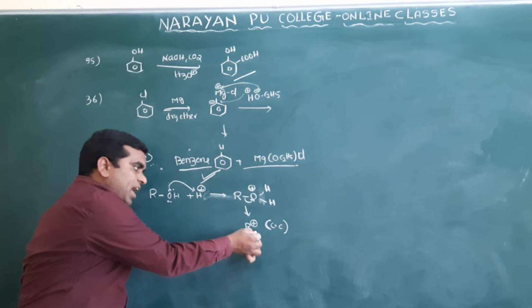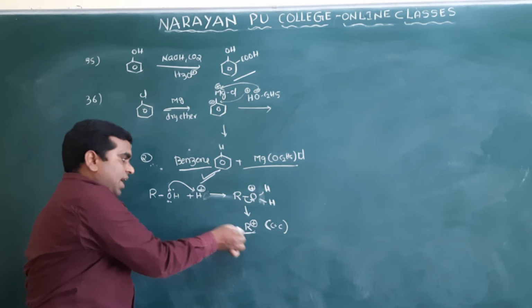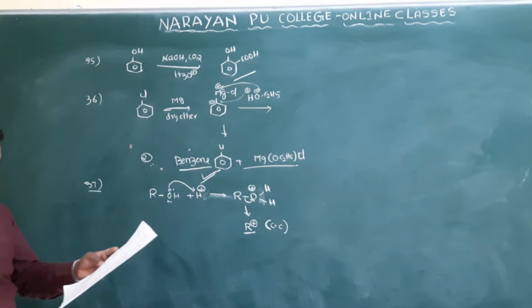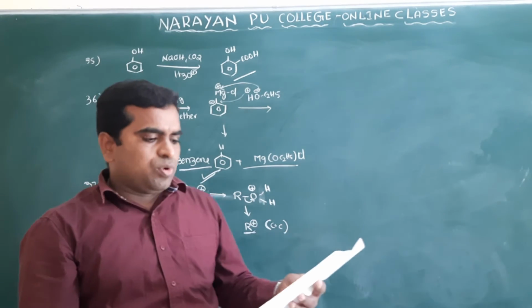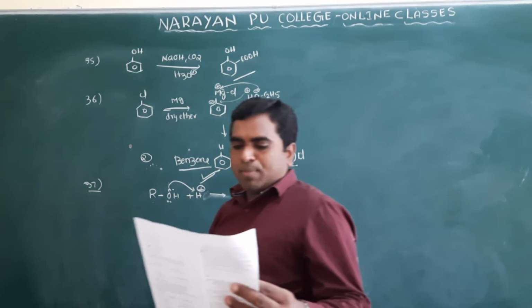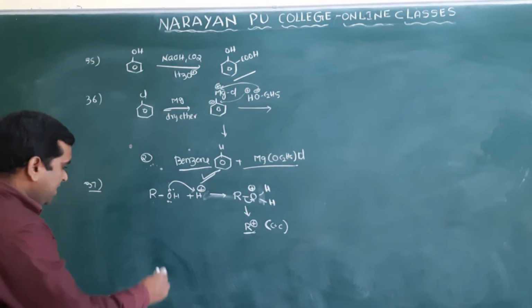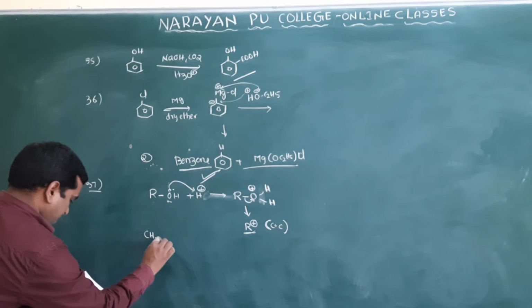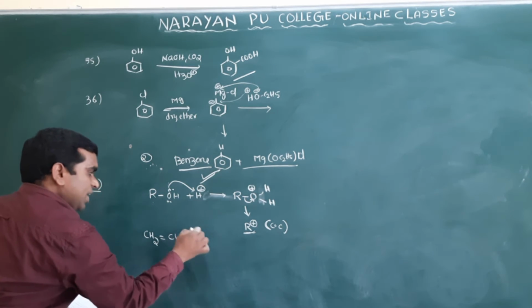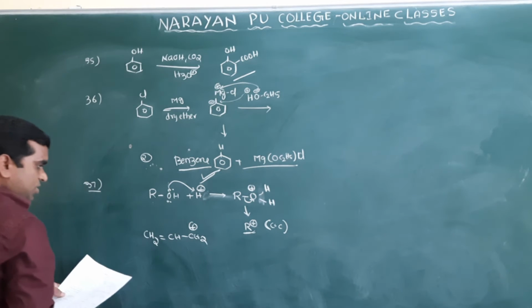If the carbocation is more stable, then the reaction is very fast. Clear? So which carbocation? First one: if you remove that, you will get an allylic carbocation. So the first one is allylic. If I remove here CH2 double bond CH, CH2OH in this way, I will get positive charge here.